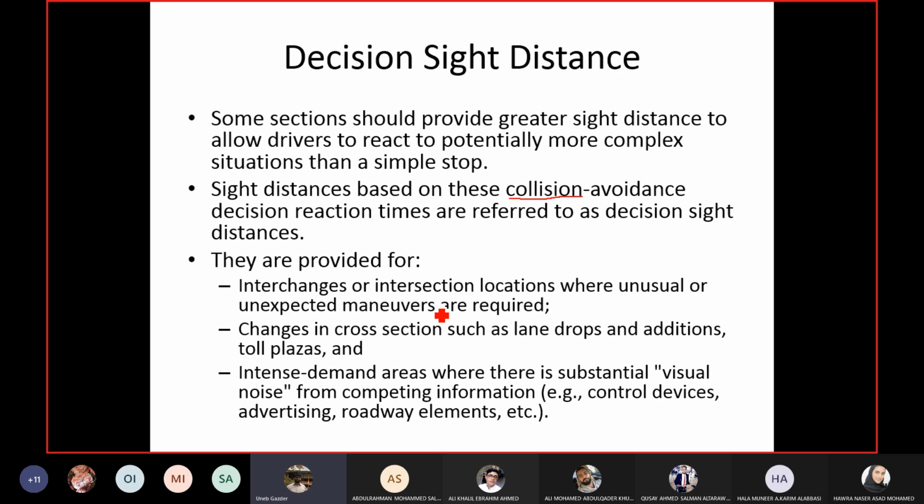It was happening on Sheikh Khalifa bin Salman Highway, which now looks very beautiful with the additional lanes. But when the construction was going on, adding and dropping a lane was very common. So when you are adding and dropping lanes or doing anything with the cross section of the road, drivers may get confused. They may change their lanes unexpectedly and so on.